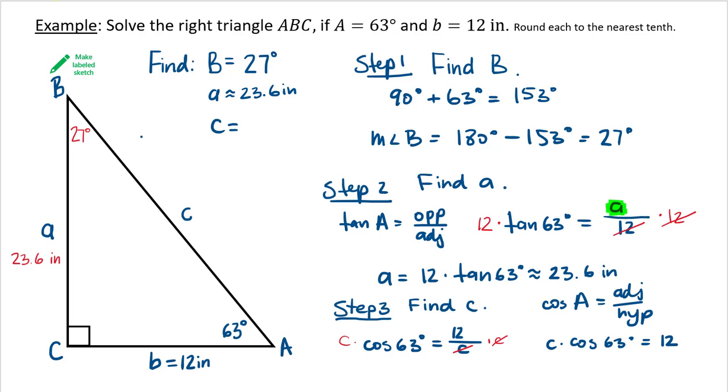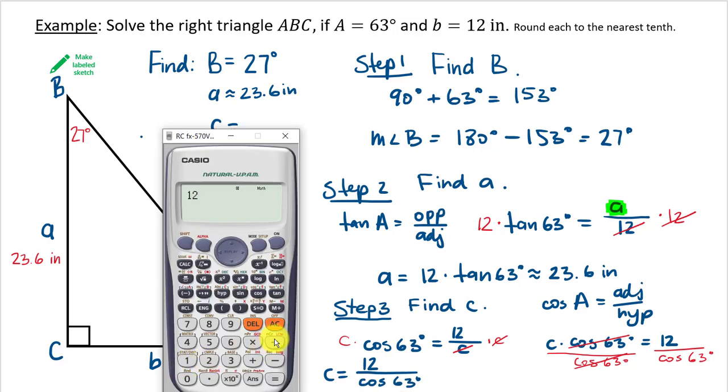And now to get C by itself, I'll have to divide by cosine of 63 degree angle on the left side. That cancels cosine. And on the right hand side, side C will be computed by taking 12 and dividing it by cosine of 63 degree angle.